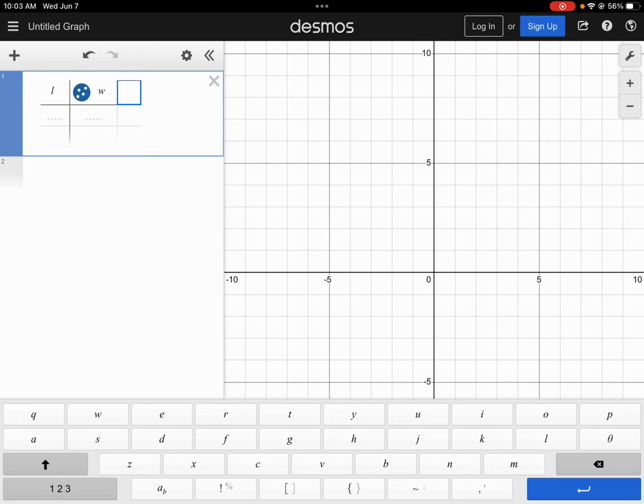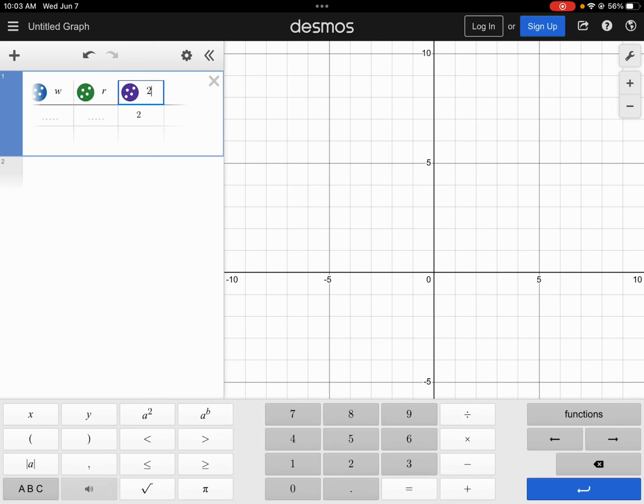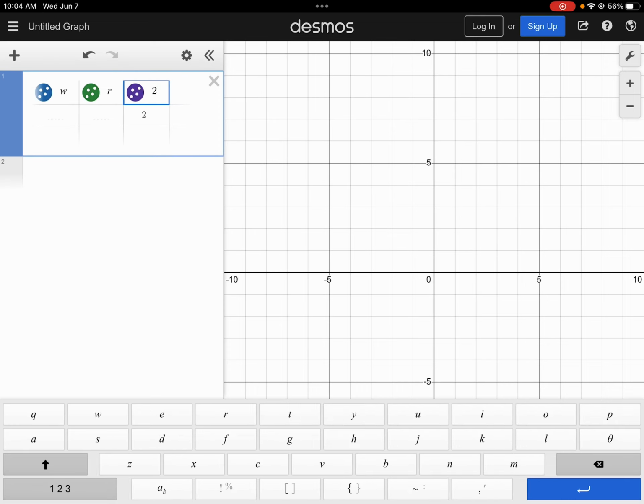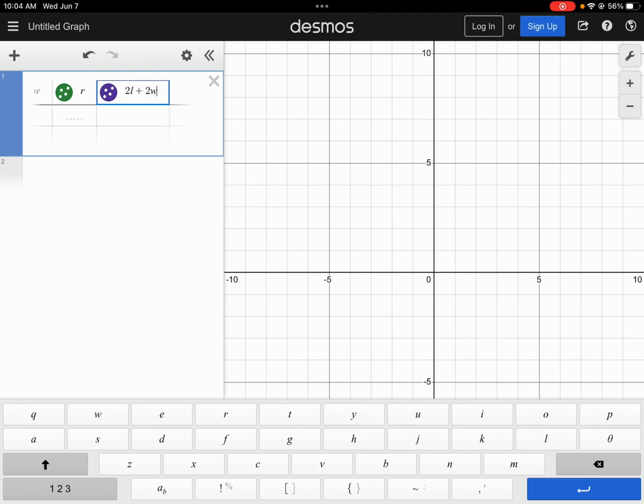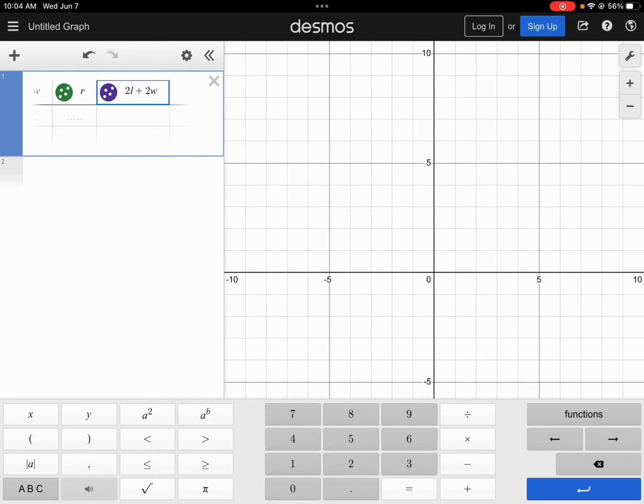And then I'll do R for the radius of my circle. And then I could say, well, I'm going to take 2 times L, so 2L plus 2W plus 2 times pi times R.